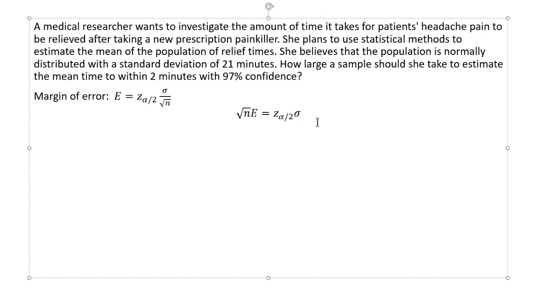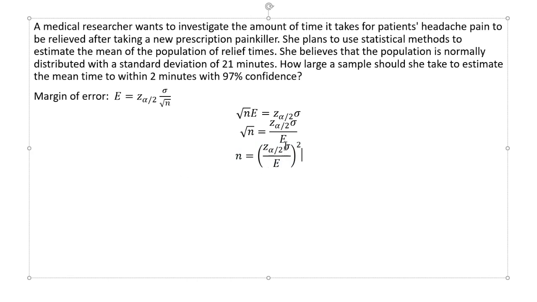So you have to divide both sides by E so that the E on the left side will disappear. And then finally you want to solve for n, so you want to square both sides to get n equals to this thing squared.